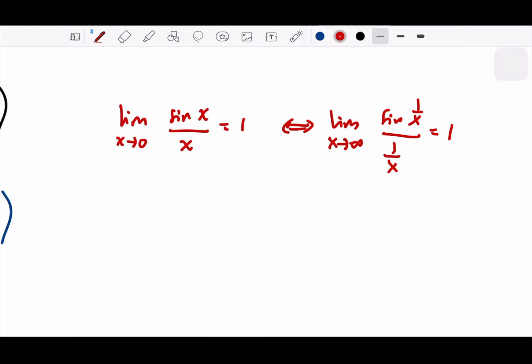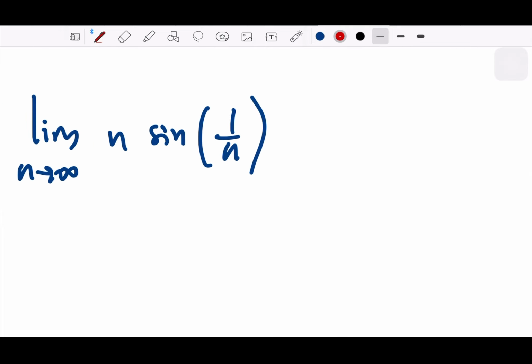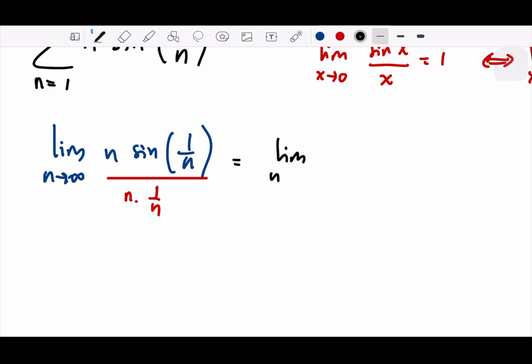These are similar forms, right? By looking at this sine of 1 over n, what we can do is try to multiply or divide this with n and 1 over n, like that. Now we have the limit as n approaching infinity of sine of 1 over n divided by 1 over n.